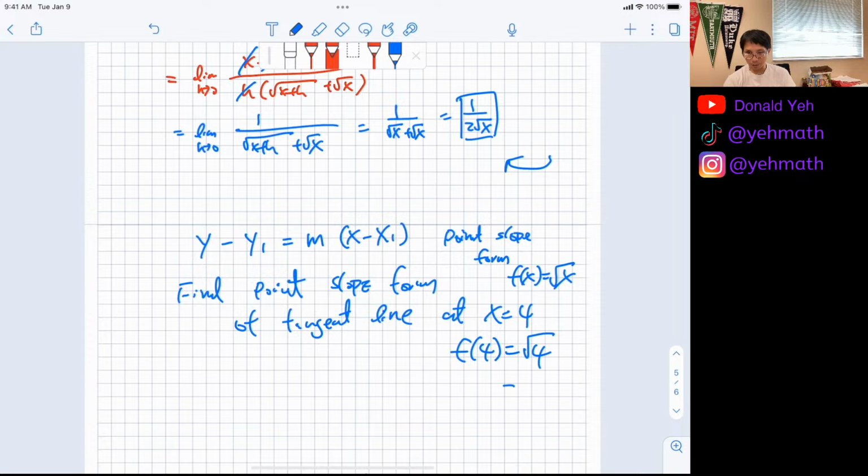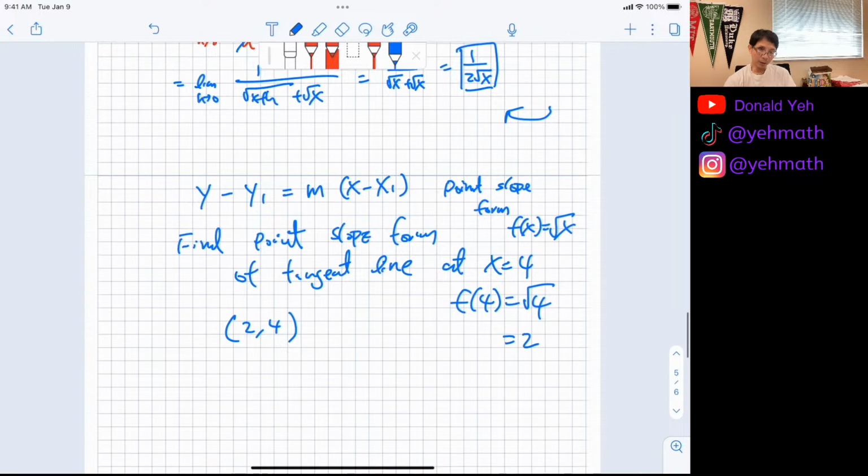Square root of 4, right? It's 2, right? So there's a coordinate of 4, 2. The equation of the tangent line is very easy. It's going to be y minus 2 equal to m times x minus 4.